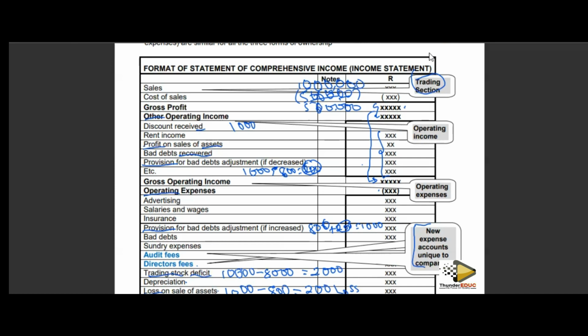Putting it in brackets means that money is going out. And then we have to subtract it from our, remember here, we added this plus this, then all our income we have is this, okay? Then we subtract off all the expenses, the operating expenses, okay? So this figure we have got is the operating expense. So we get our gross operating income minus operating expenses. Mind you, let me take you down a bit here.